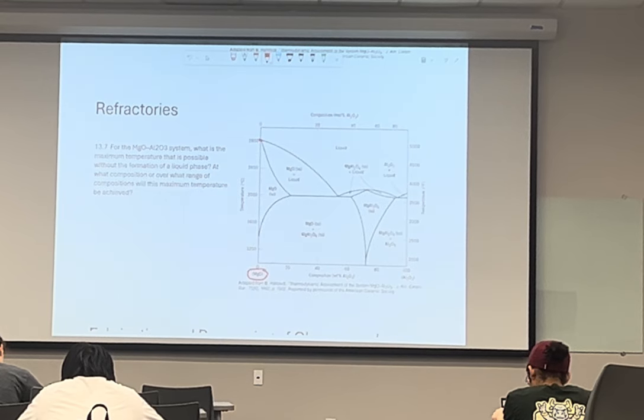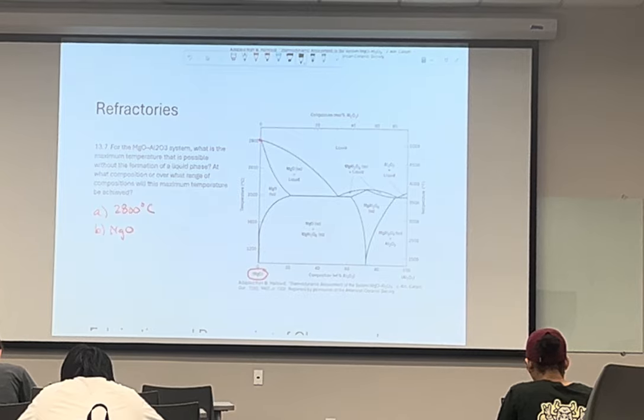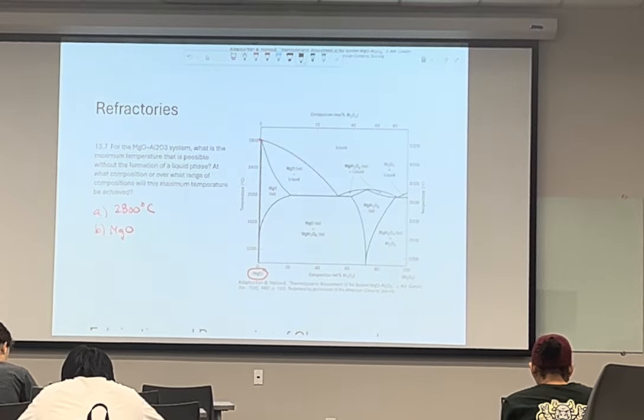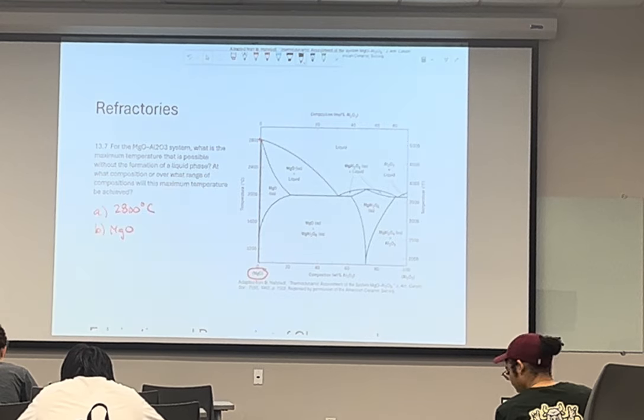To answer the second part of the question, it is just pure magnesia. And to answer the first part, it's just 2800 Celsius. And just so we can see it visually, we go all the way up that line, and we don't have to traverse across because our point is right there, basically sitting on top of that 0% for that problem.